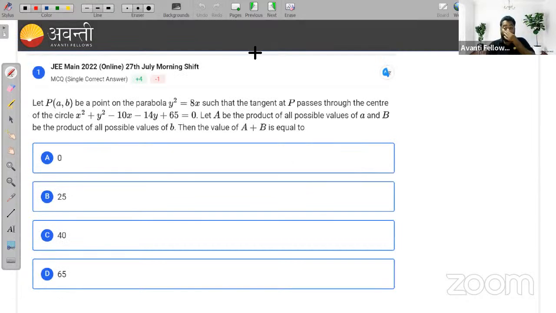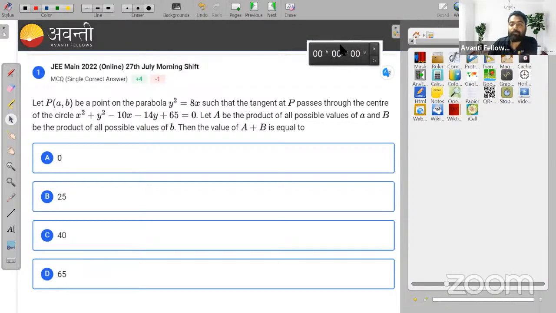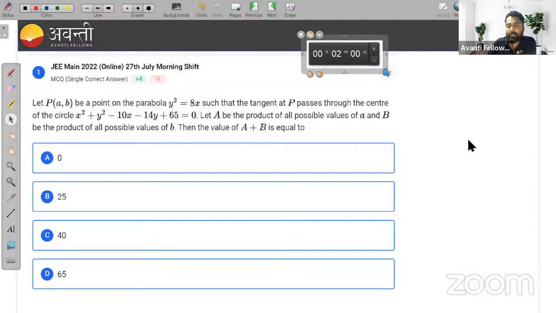Sure. Then the second question is, okay, I'm giving you first to some point. Okay, I'm giving you 2 minutes for this question, and your time starts now. Try to solve it within the time. I'm launching the poll also. After solving the question, you can answer.